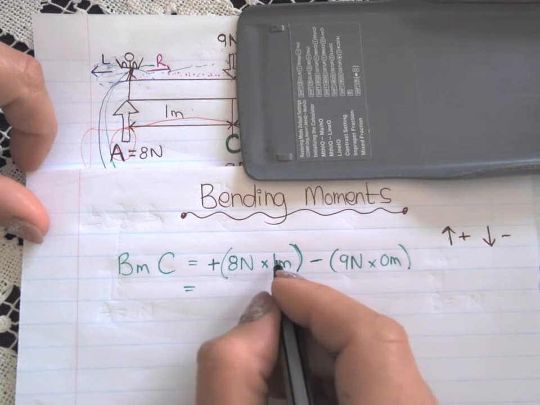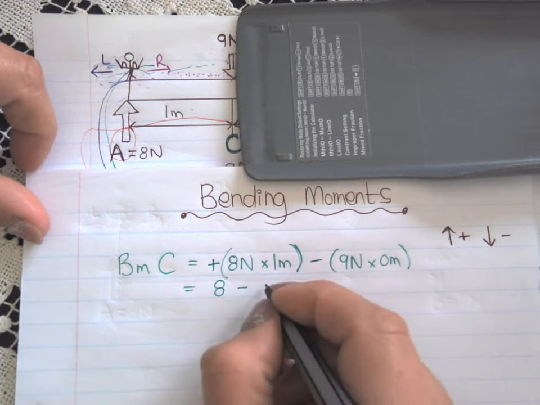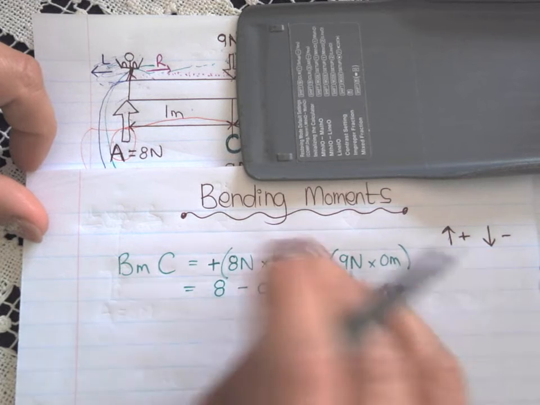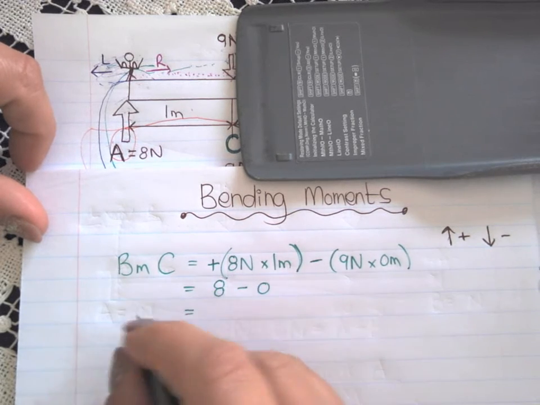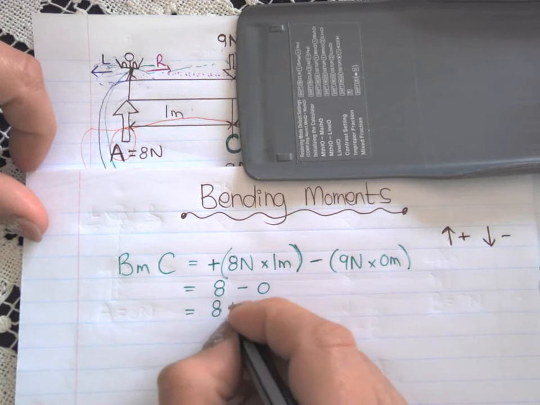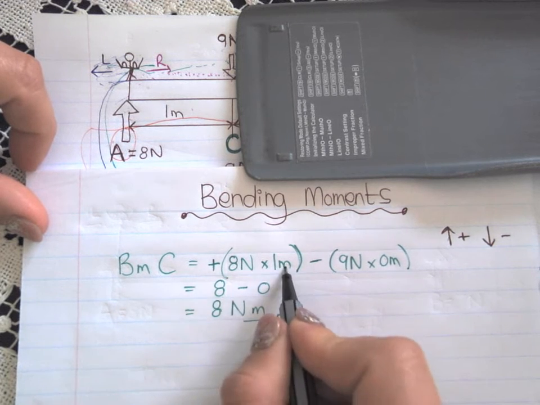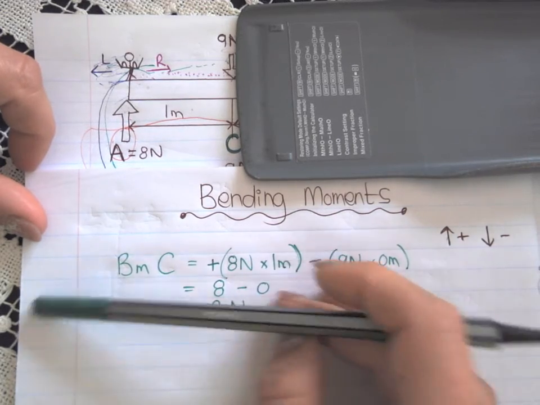Now 8 times 1 is 8, minus 9 times 0 is 0, because anything multiplied by 0 is 0. So my bending moment C is going to be 8 Newton meters, because newtons times meters. And that's it. There you have C.